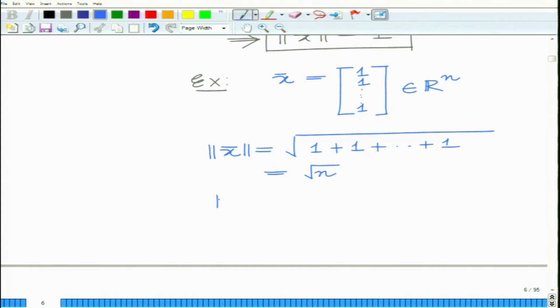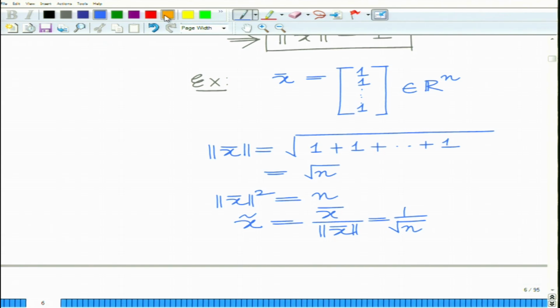In fact, norm x bar square, remember we are talking about the L2 norm, equals n, and x tilde equals x bar divided by norm of x bar, that is 1 over square root of n into the vector of all 1s. So, this is the corresponding unit norm vector. All right.